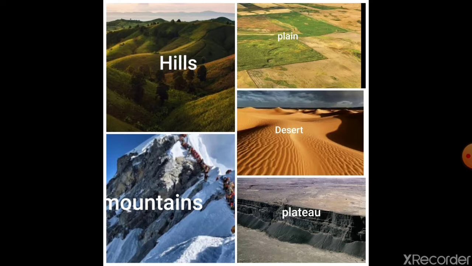Desert. Deserts are large, extremely dry areas of land. There is very little rainfall and very few plants grow in a desert.